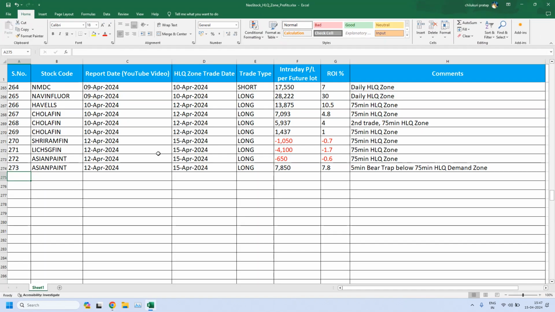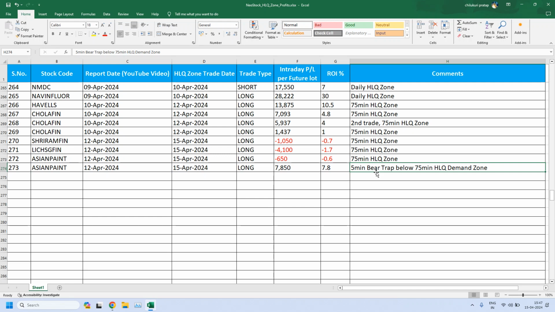And this is the way Asian Paints has given 7,850 rupees profit, which is 7.8% ROI. This is a 5 minutes bear trap below the 75 minutes high liquidity demand zone. This is not only a 5 minutes bear trap, this is also a fine-tuned 5 minutes zone from a daily high liquidity demand zone.